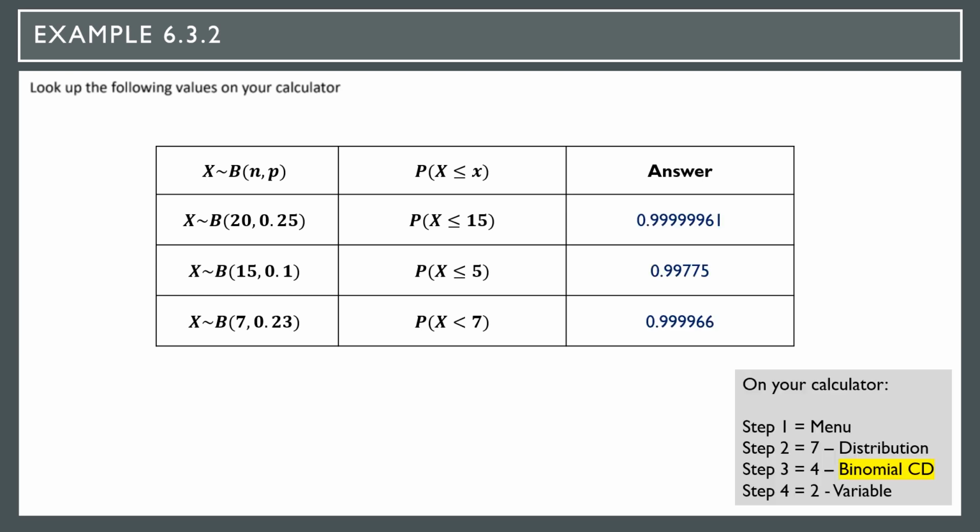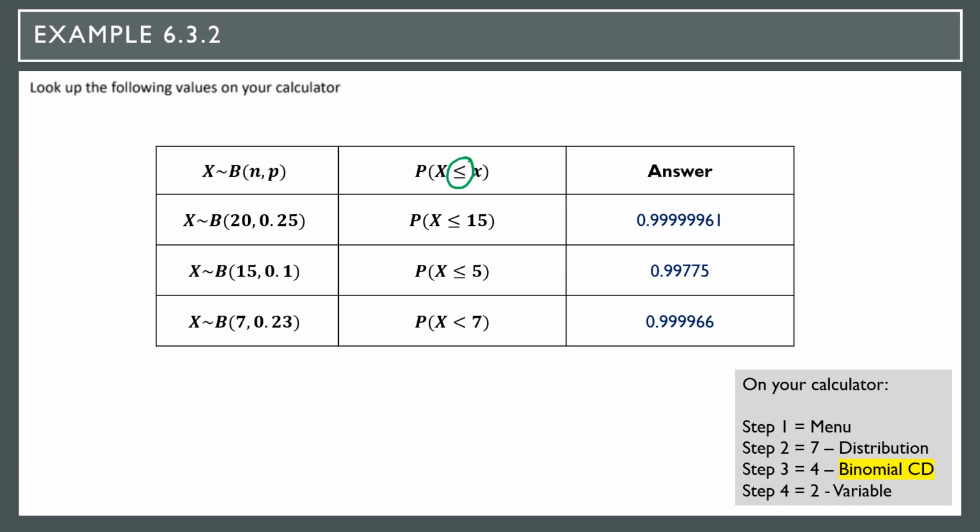So hopefully everybody has managed to find the answers listed in the table. If you do have any questions, please do ask one of your teachers. Please just remember, when we are looking at the cumulative probability function for a random variable x, this does tell you the sum of all the individual probabilities up to and including, so just watch this equality sign here, that given value of x.